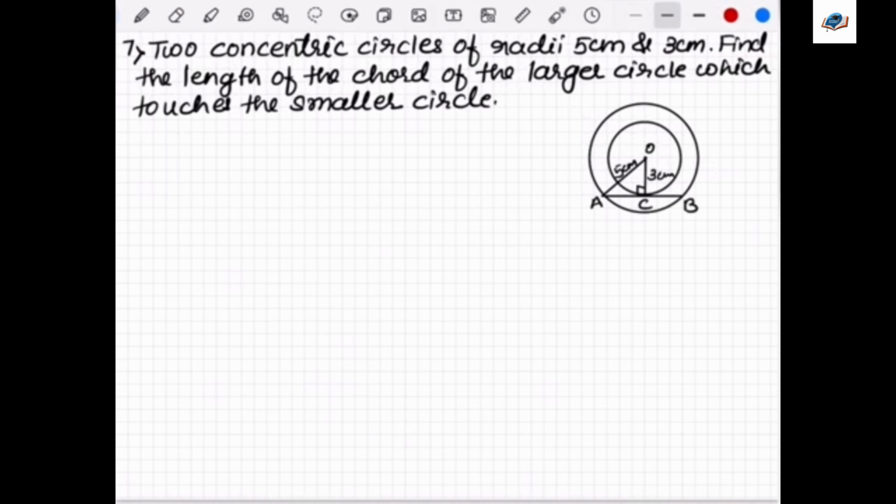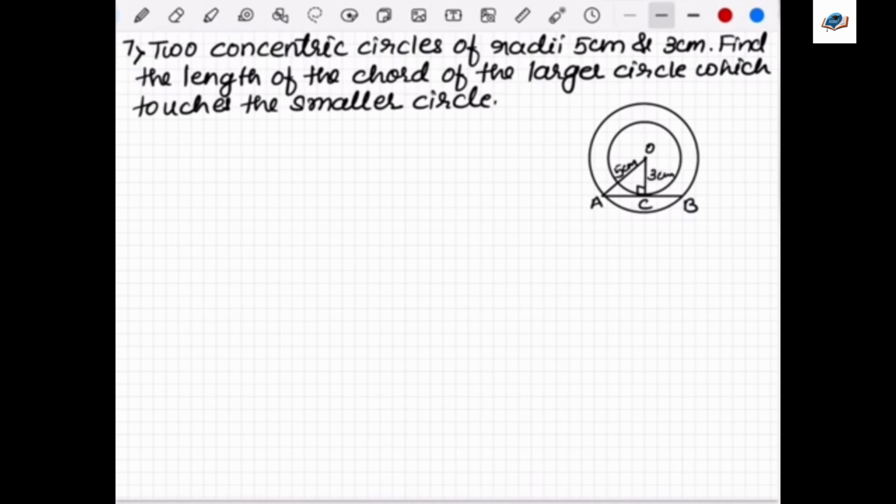Next is: two concentric circles of radii 5 centimeter and 3 centimeter. Find the length of the chord of the larger circle which touches the smaller circle. So, as it is said, two circles are concentric. Concentric means with the same center. So, I have shown two circles of radius 5 centimeter and 3 centimeter, that is OA is 5 and OC is 3 centimeter.